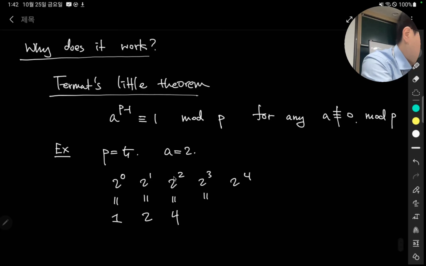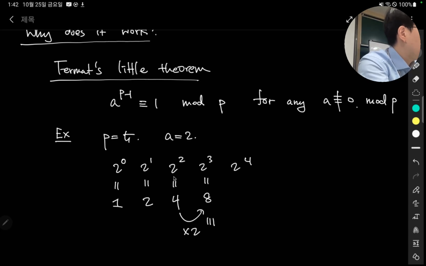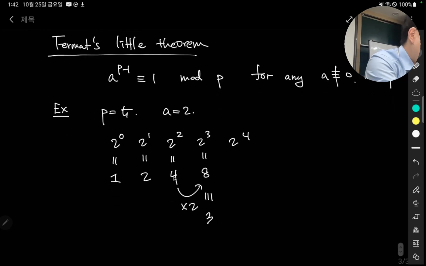And now it's 8, but that's actually by taking multiples of 2. And what you know about 8 is that mod 5, it's the same as 3. Okay? So the next one is 2 to the 4, but instead of taking 16, you can simply take the multiple of 3 to get 6, which equals 1.